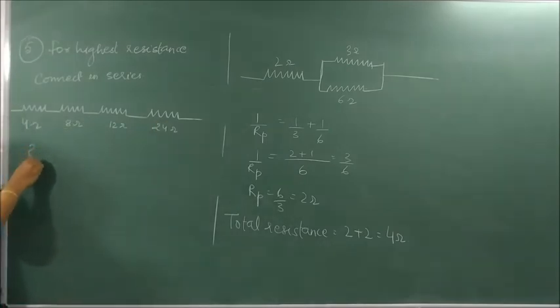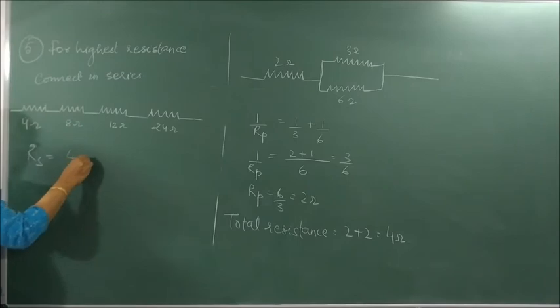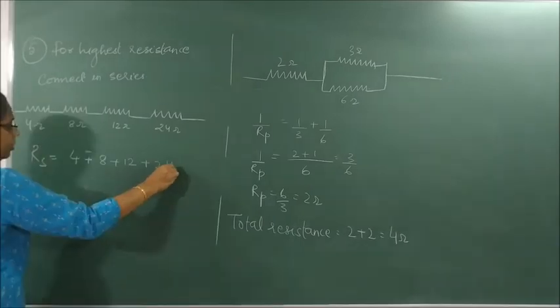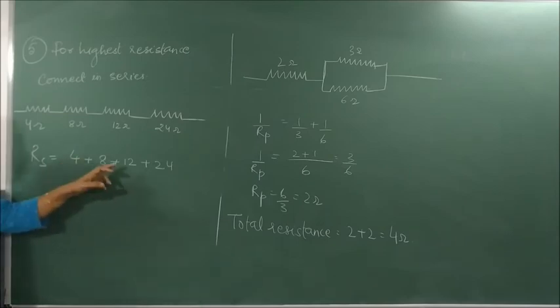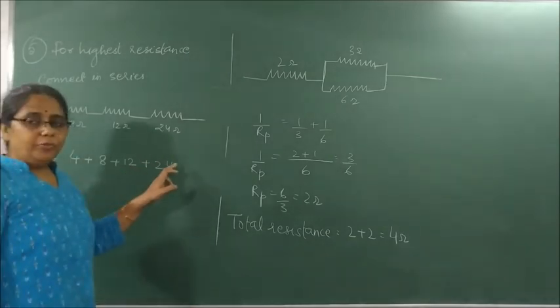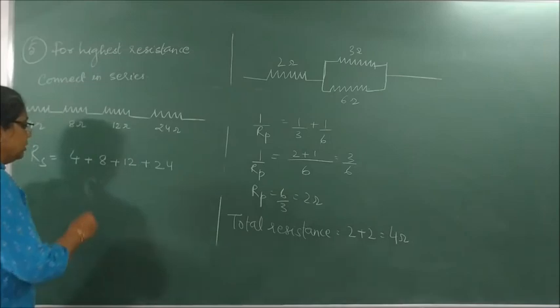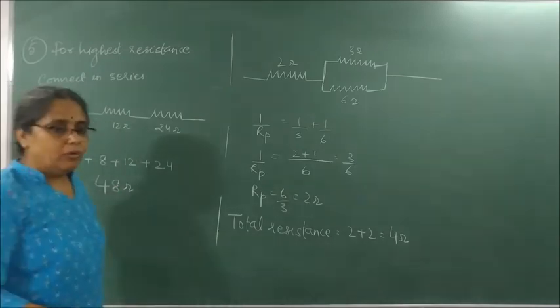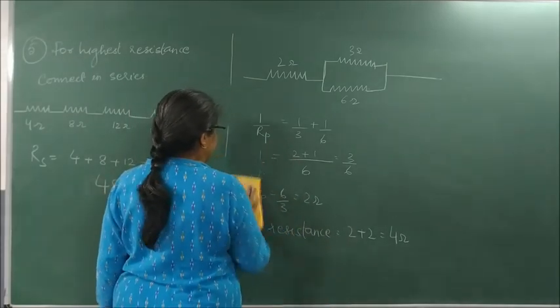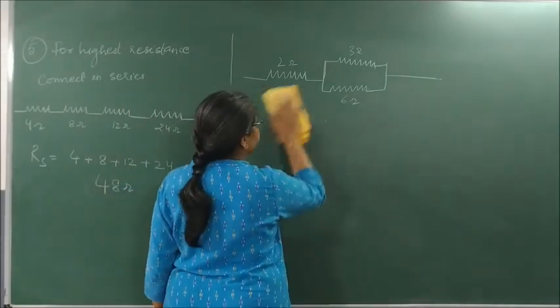So Rs is equal to 4 plus 8, 12, 12 plus 12, 24, 24 plus 24, 48. Answer is 48 ohms. This is to get the highest resistance.